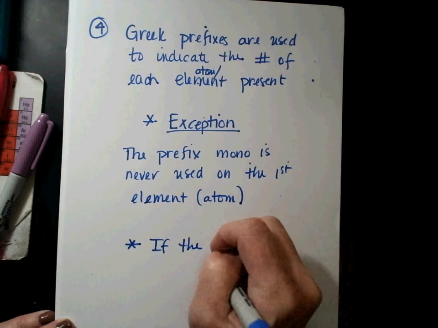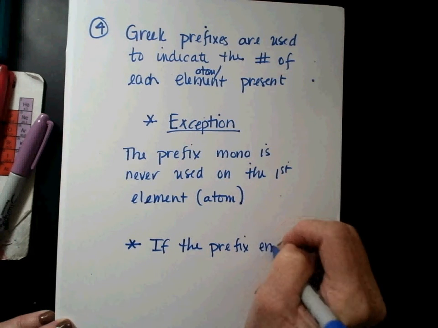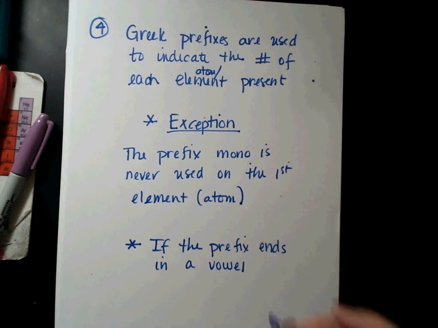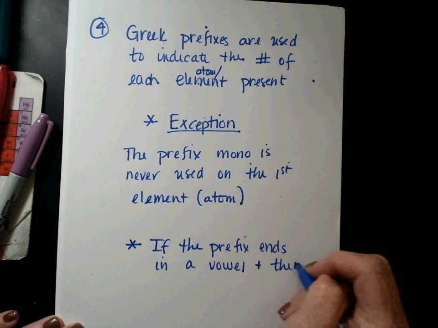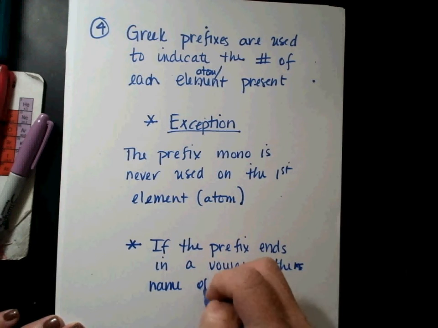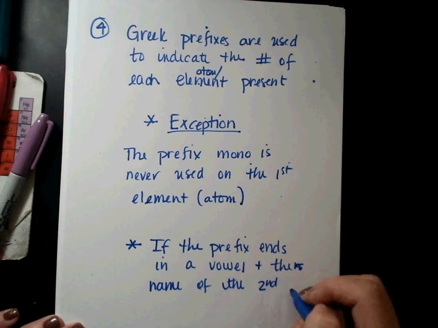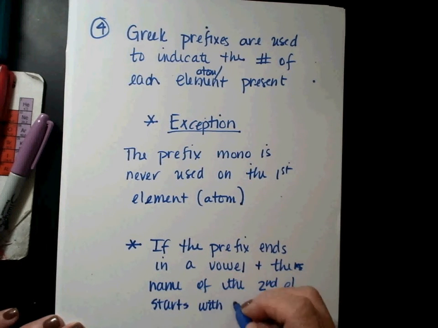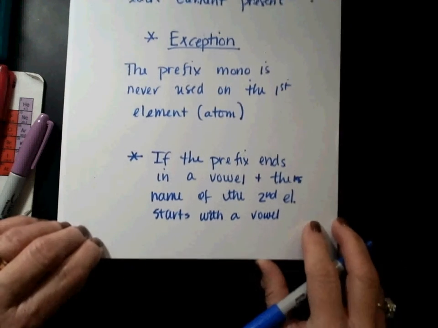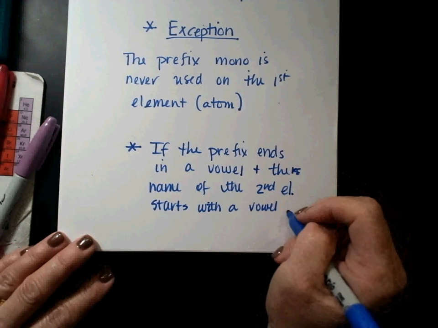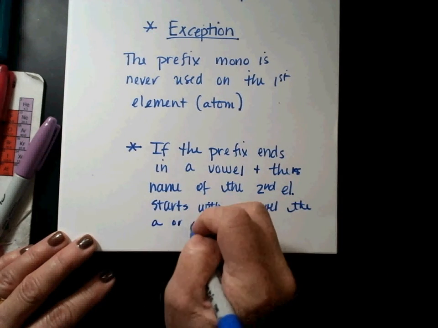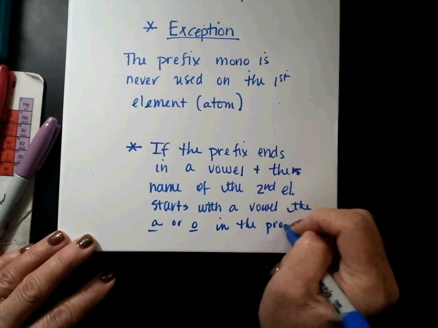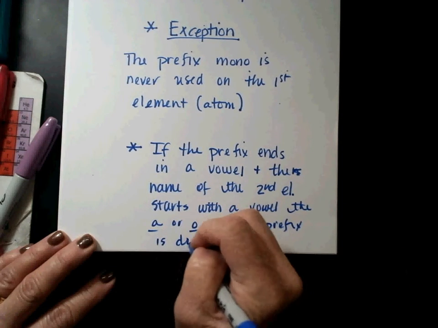If the prefix ends in a vowel and the name of the second element starts with a vowel, the A or O, because they all end in either A or O, in the prefix is dropped.